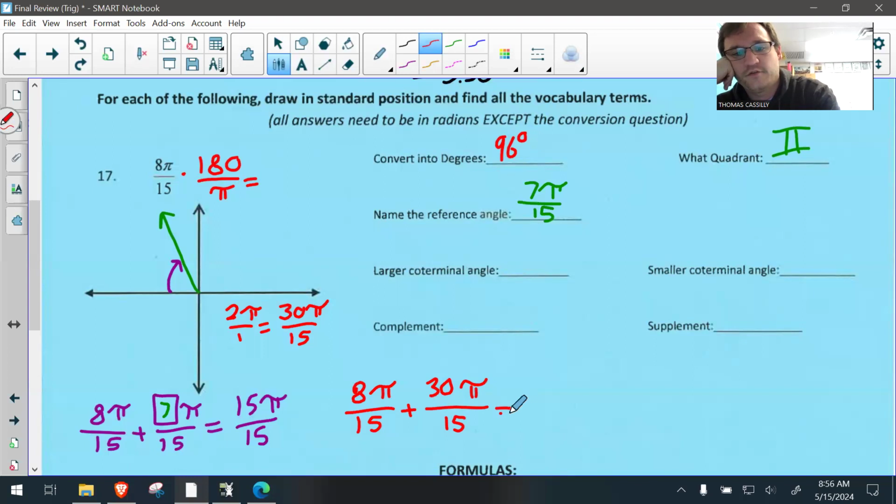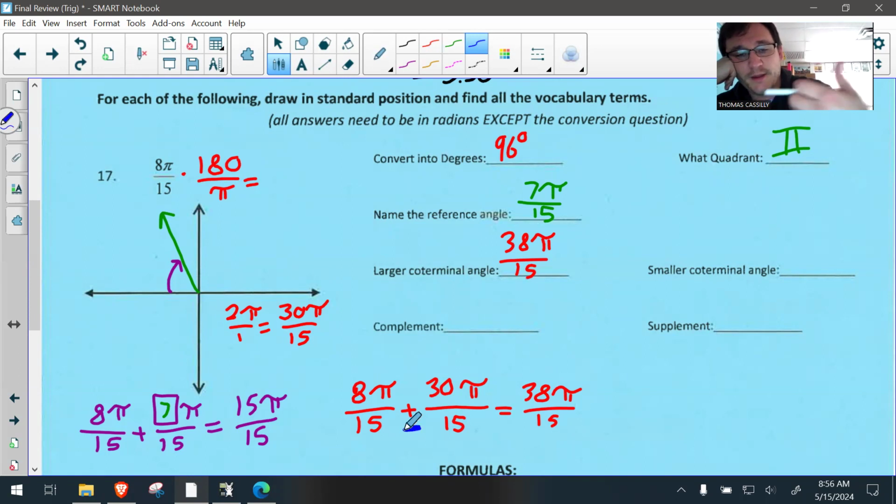All right, so that gets us 38 pi over 15. So that is a larger coterminal angle. If we want a smaller coterminal angle, subtract the two. 8 pi minus 30 pi over 15 is going to give us negative 22 pi over 15. So there's your smaller coterminal angle.